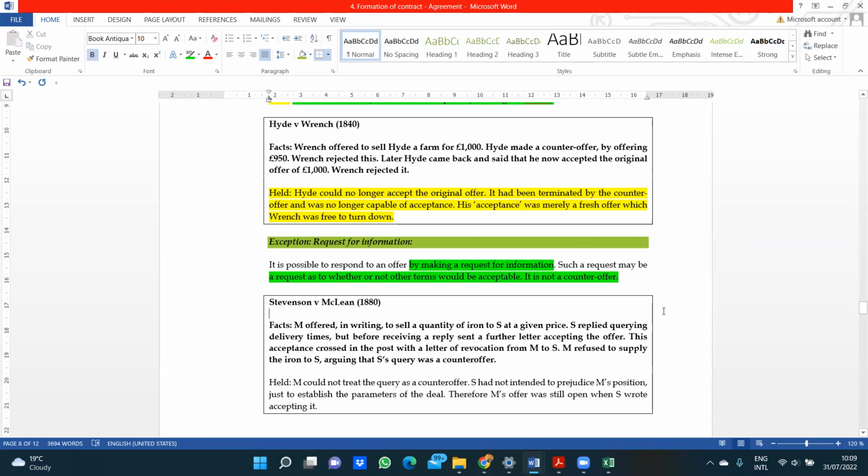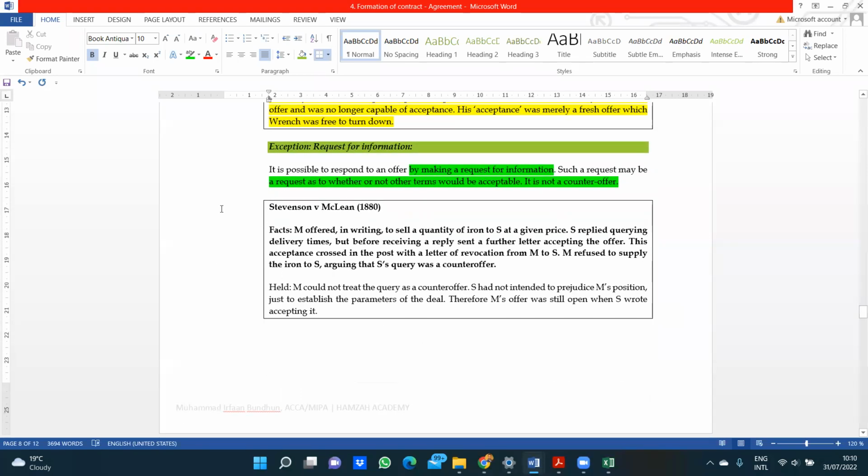Requesting something doesn't mean that I rejected the original offer or have made a new offer in response to it. A request for information is just requesting better information on the agreement and the terms and conditions. So it is neither a rejection nor a counter offer.